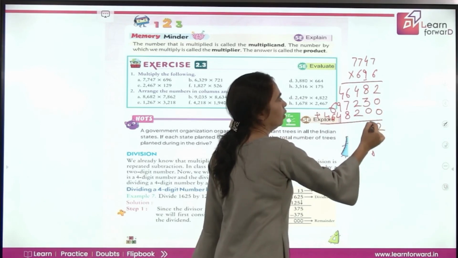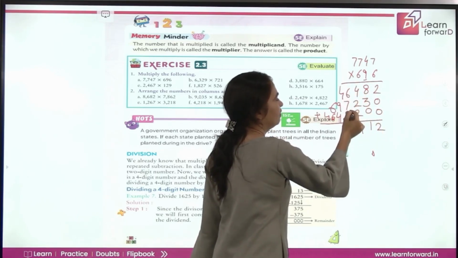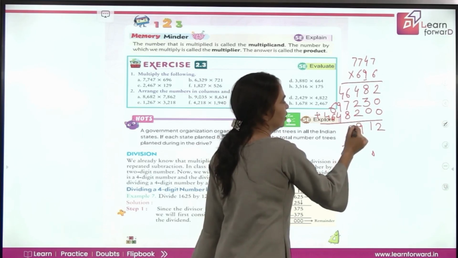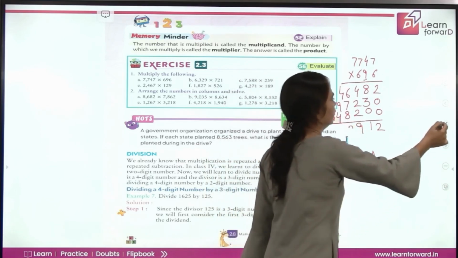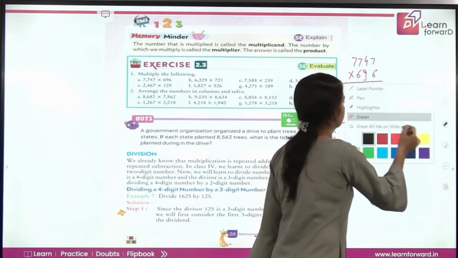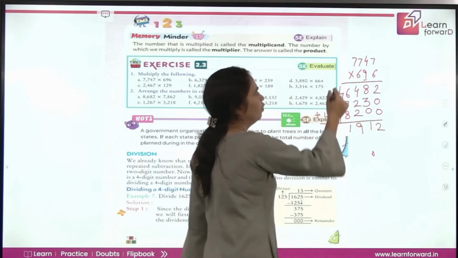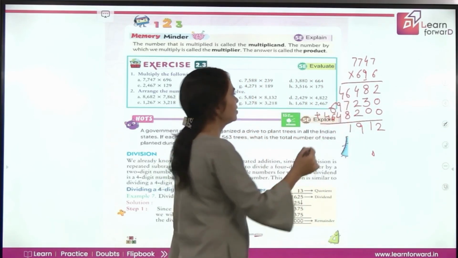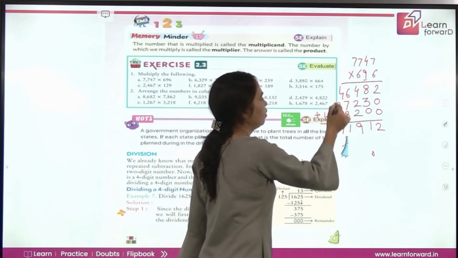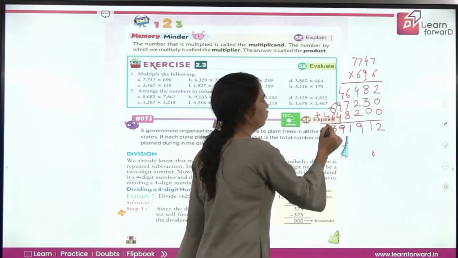2, 1, carry 1, 9. Then you have 13 and 8, 21. Carry 2. 4 plus 4, 8 plus 2, 10 plus 9, 19. Carry 1. 6 plus 6, 12 plus 1, 13. 3, carry 1, 4 plus 1, 5.